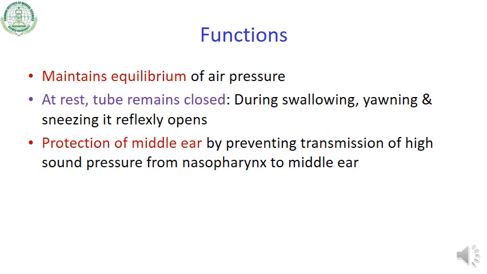Tensor tympani. The protection of the middle ear by preventing transmission of high sound pressure from the nasopharynx to the middle ear is also done by the pharyngotympanic tube or the auditory tube.